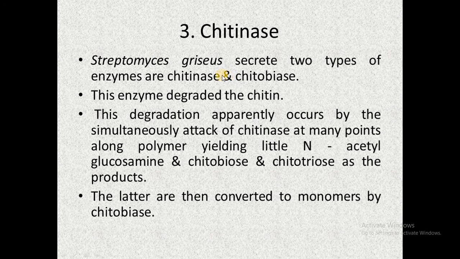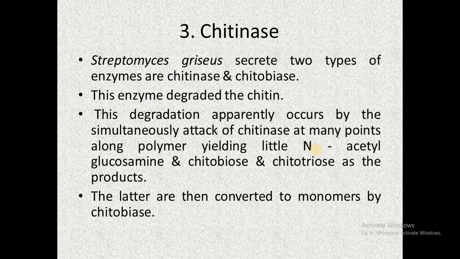Second, chitinase. Streptomyces griseus secretes two types of enzyme, chitinase and chitobiase. These enzymes degrade chitin. This degradation occurs by the simultaneous attack of chitinase at many points along the polymer, yielding N-acetyl glucosamine and chitobiose as the products. Chitinase breaks down the chitin.